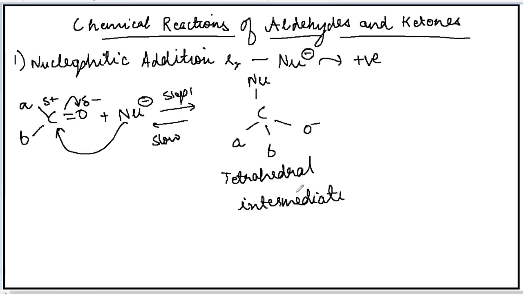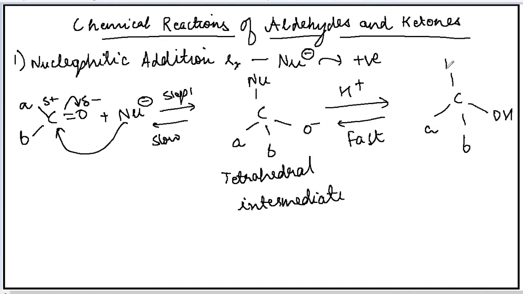This tetrahedral intermediate further undergoes reaction by taking a proton from the reaction medium. This step will be a fast step, and as a result it forms an electrically neutral species, or the final product is formed.